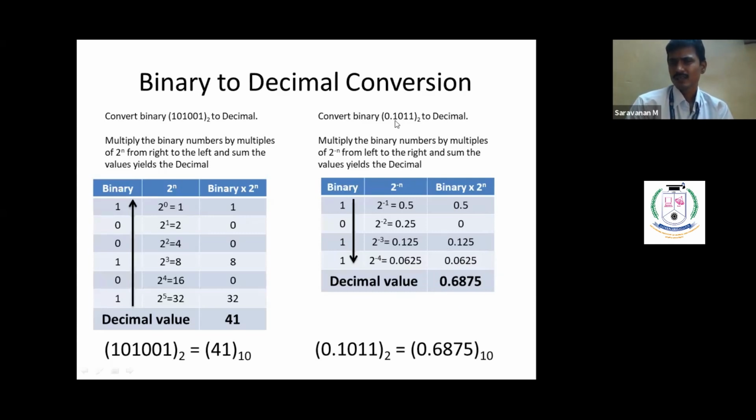Okay, is this clear? 2 power minus 1 is 1 by 2, which is 0.5. 2 power minus 2 is 1 by 4, this is 1 by 8, this is 1 by 16. So multiply by the corresponding binary digits, we get these values, just sum it up, we get 0.6875. Okay, this is for binary to decimal.